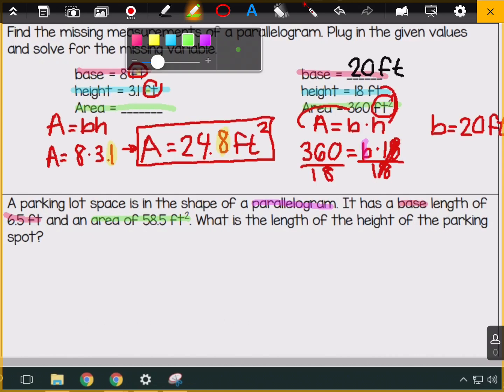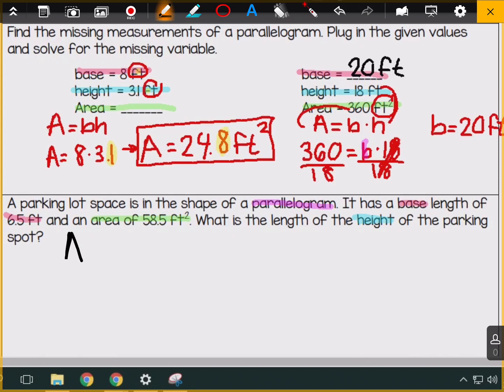Now the question, it asks us what is the length of the height. So we want to know the height of this. So in order to solve this one, I'm going to go ahead and write my area of a parallelogram formula, which we should know is area equals base times height. I'm given the base, which is 6.5, and I'm given the area, which is 58.5.